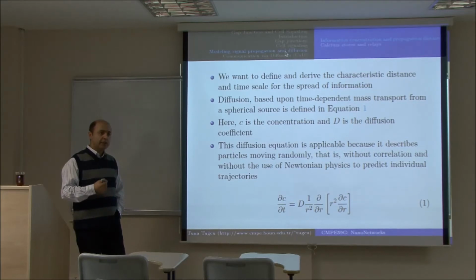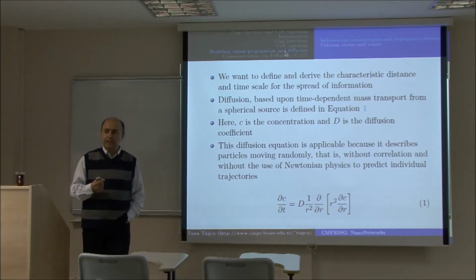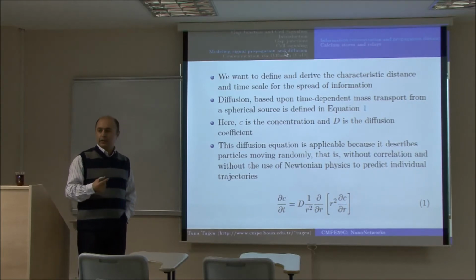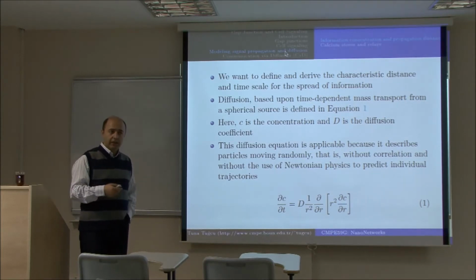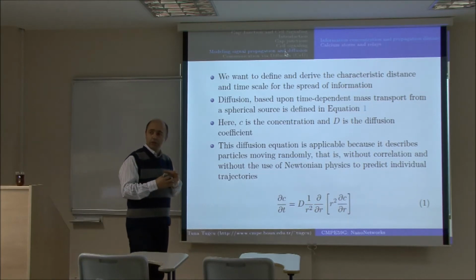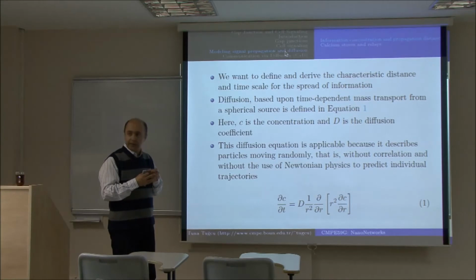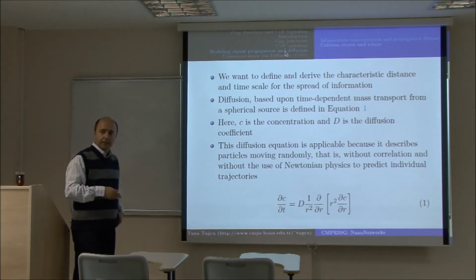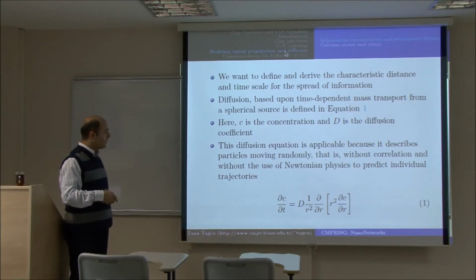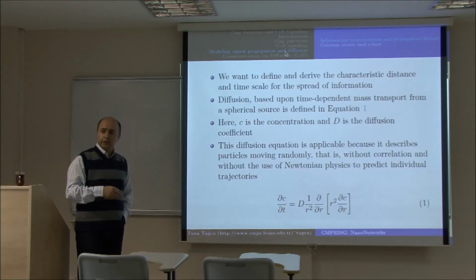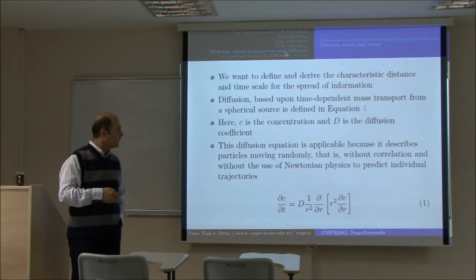Rather than looking at the collisions each molecule is experiencing, we're looking at the flow actually: how this high concentration of molecules close to the transmitter cell diffuses in the environment in time, of course depending on the distance. We're not looking into the Newtonian physics, but we're looking at diffusion.